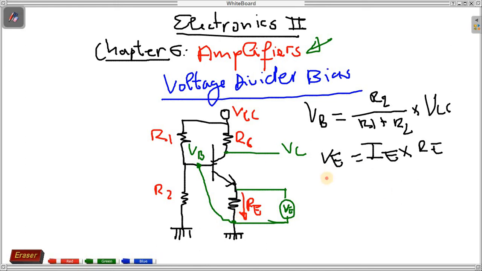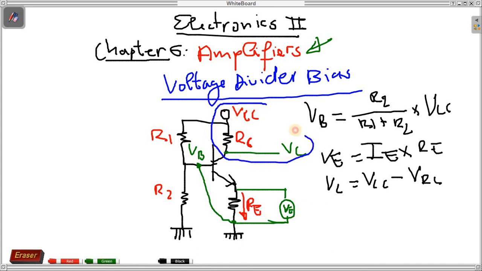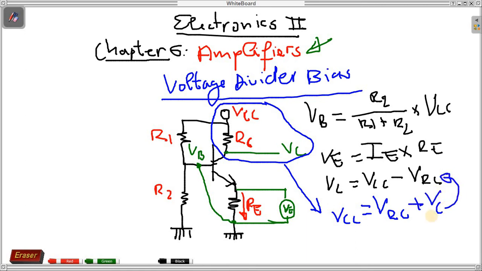And then we learn also to calculate VC. We say VC will be equal to what? VC will be equal to VCC minus VRC. Because when we check VCC here, we can say VCC is equal to VRC plus VC. That's why in this formula we make VC the subject of the formula by saying VC is equal to VCC minus VRC.